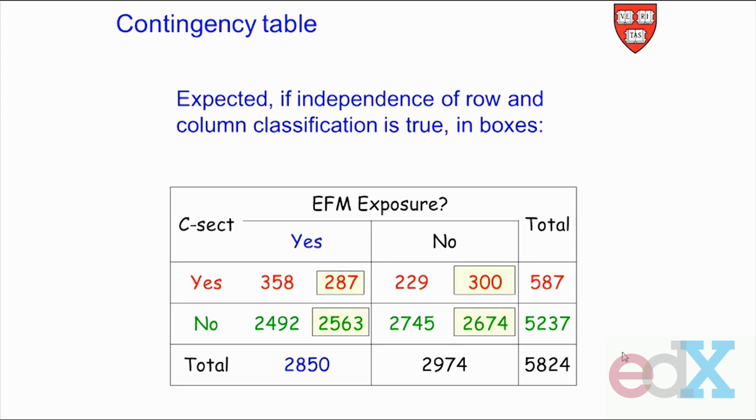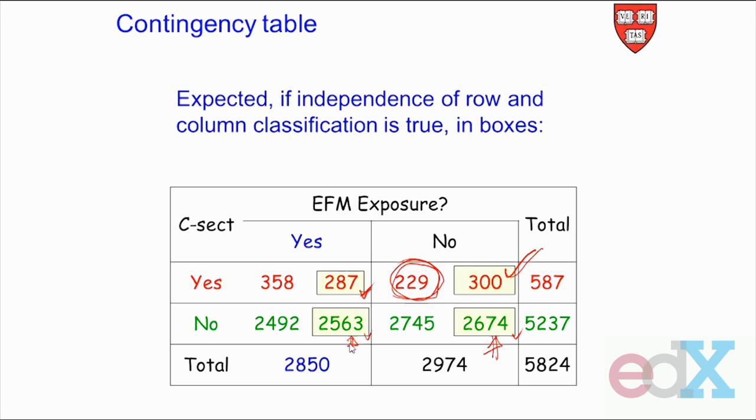We expected 300 of them, and we saw 229. What's in the boxes here are the results of the calculations from the previous slide. We expected 300 there. That left 2674 here. We expected 287 there, and that left 2563 here.